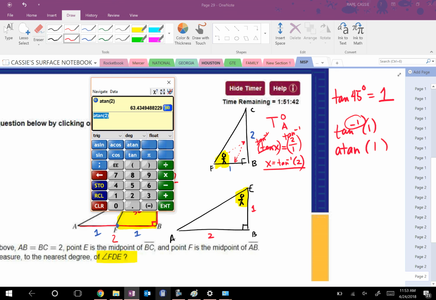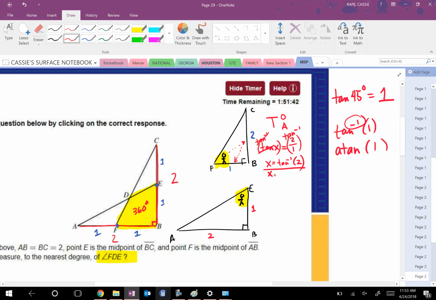x is about equal to 63.43 degrees. Now, the second one, remember you're this guy right here. You might see something a little strange here, because to you that's opposite and that's adjacent. So let's make that y. Tangent of y is equal to opposite over adjacent. Does this look familiar?